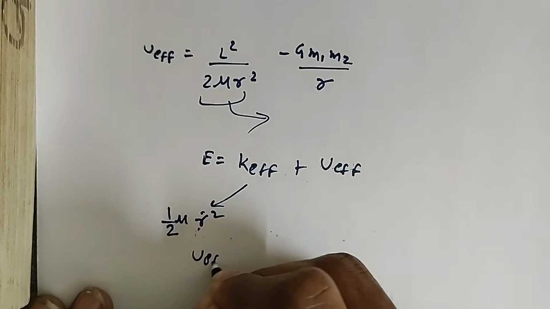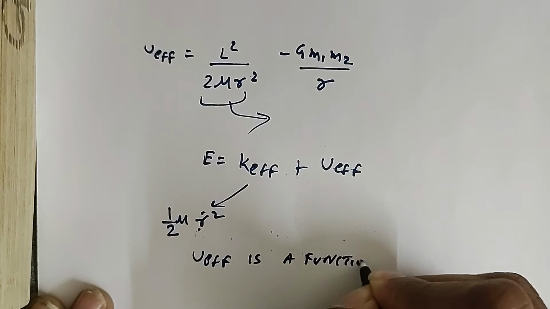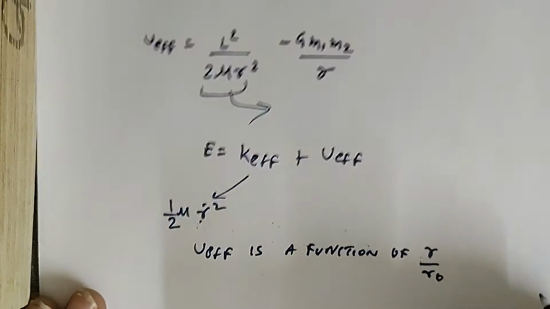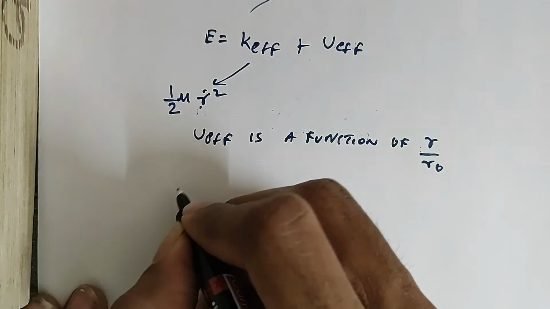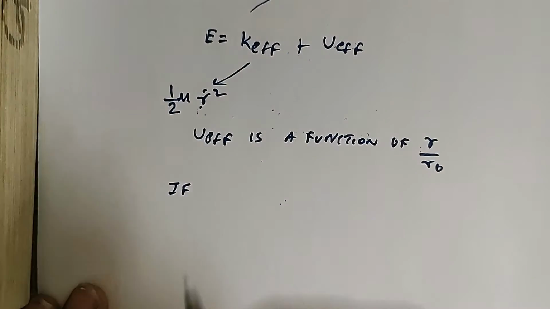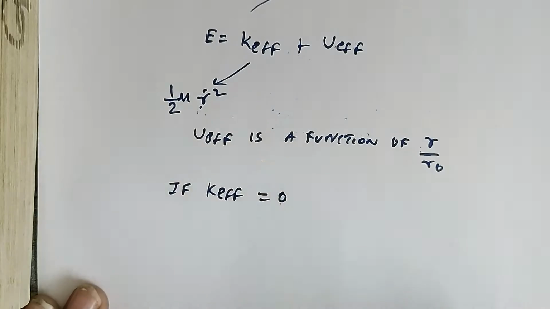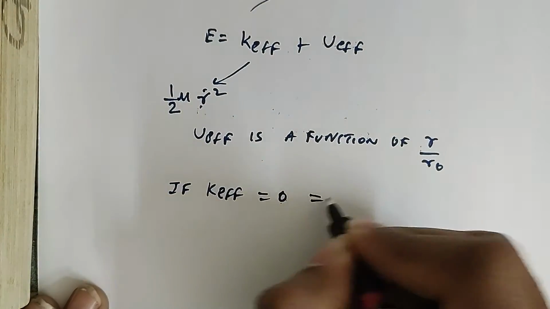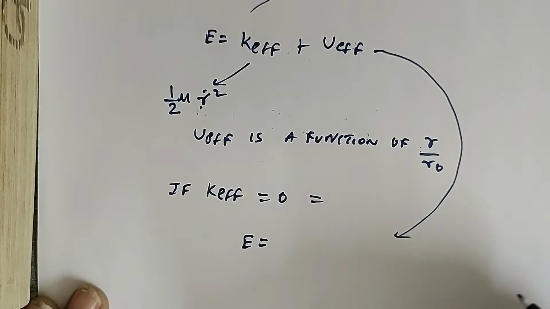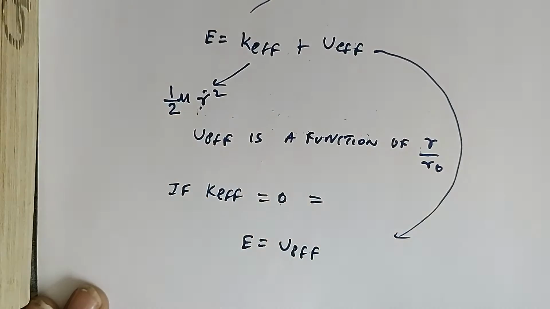So U effective is a function of r. Let me take a situation: if I set K effective to be equal to 0, then from this equation my total mechanical energy will be equal to this effective potential.